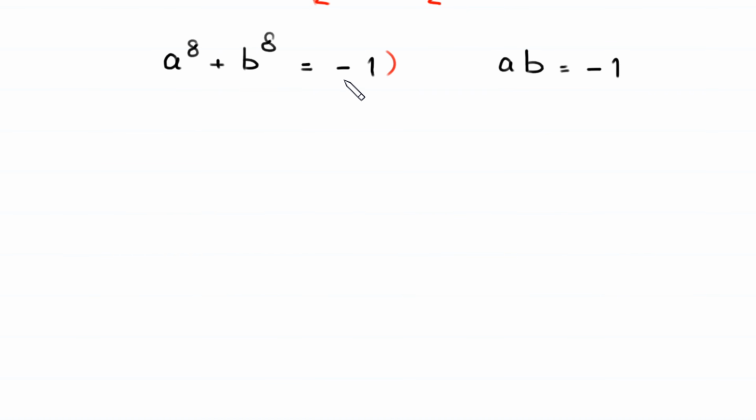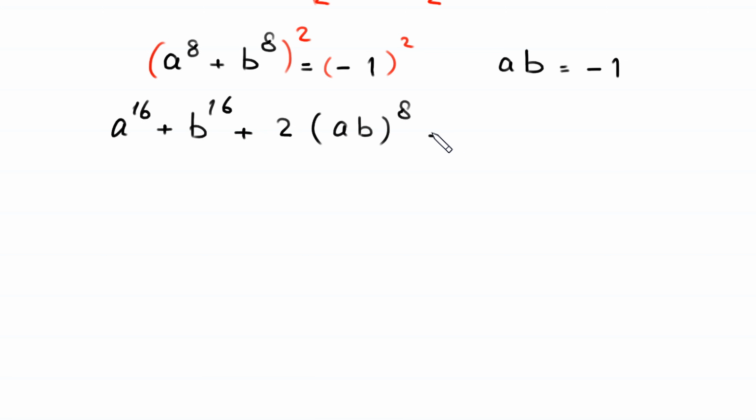We square both sides of this equation again. So now this will become a to the power 16 plus b to the power 16 plus 2 times (ab) whole to the power 8 equal to negative 1 squared, which is positive 1. We replace ab with negative 1, so this will become a to the power 16 plus b to the power 16 plus 2 times ab, which is negative 1, and negative 1 to the power 8 will become 1, equal to 1.